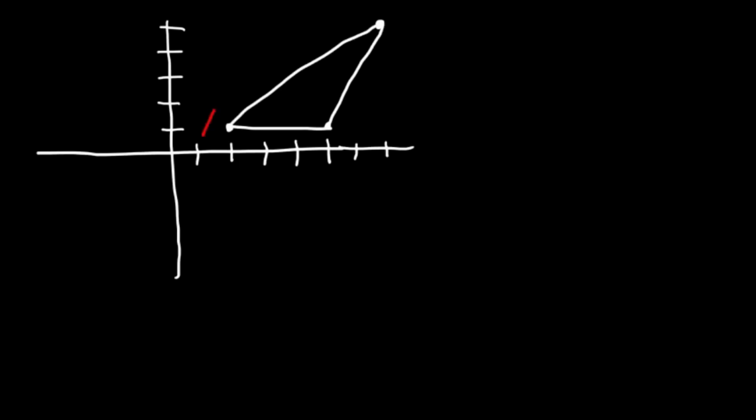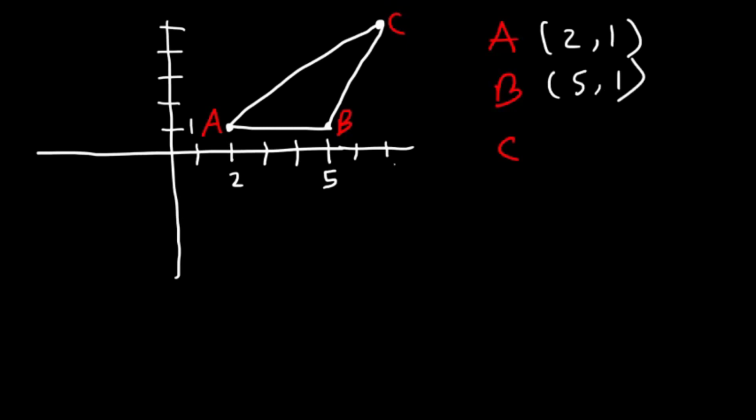So go ahead and take a minute and work on this problem. So first, let's write the 3 points that we have. Point A is located at 2, 1. Point B is located at 5, 1. And C is located at 7, 5.